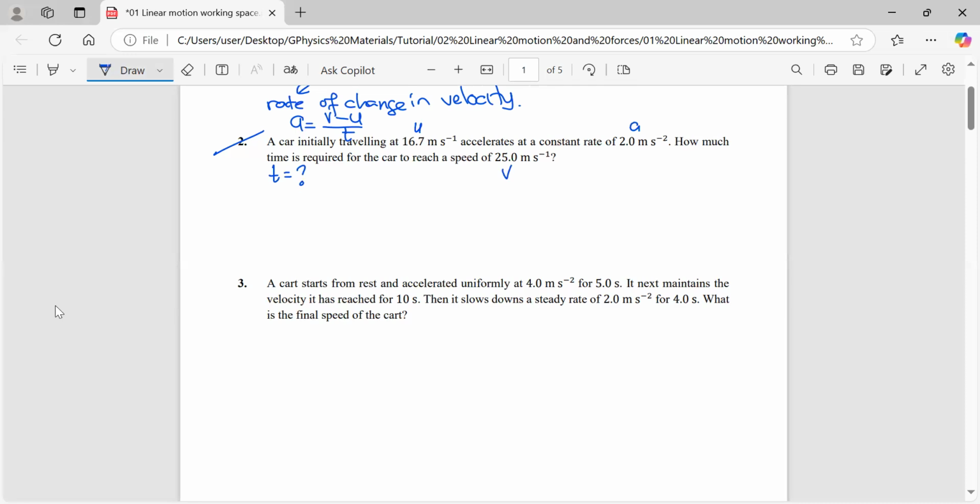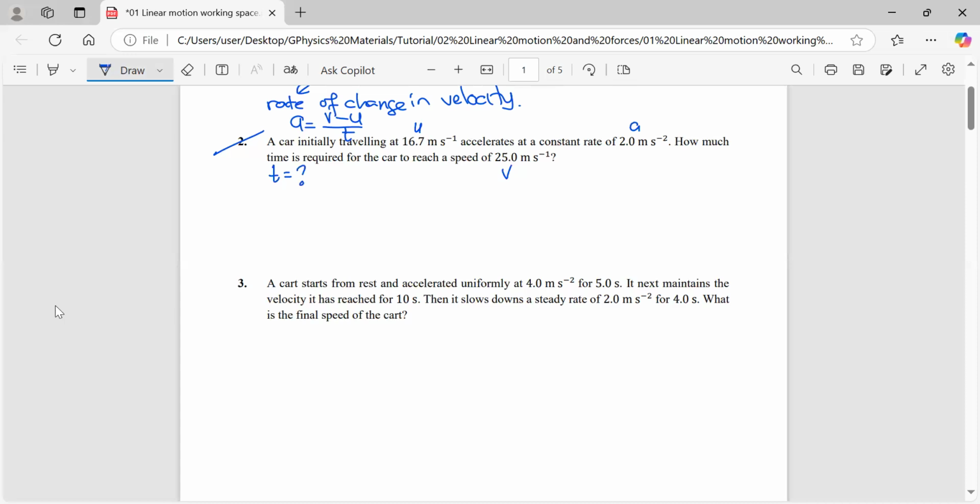So you try to recall the formula. Before you start the tutorial, you can write the equations that you will commonly use for this particular tutorial.